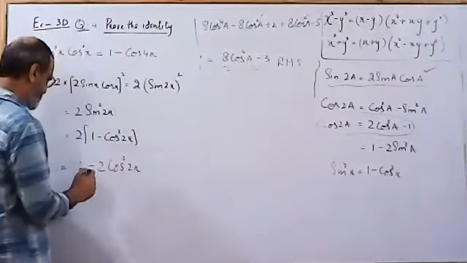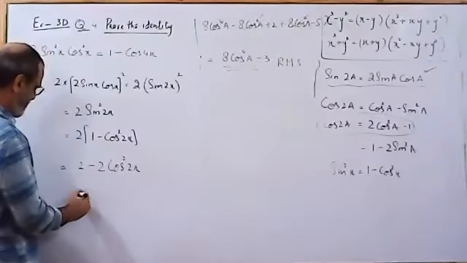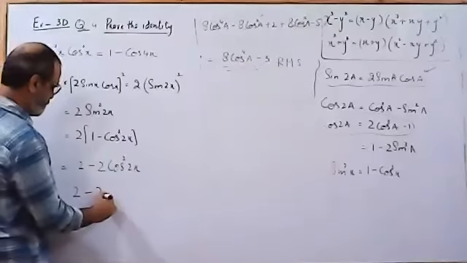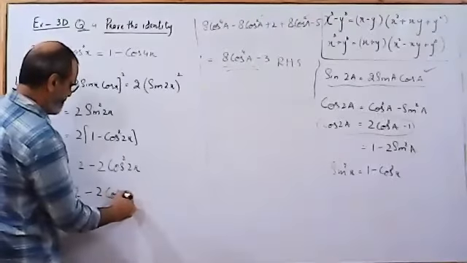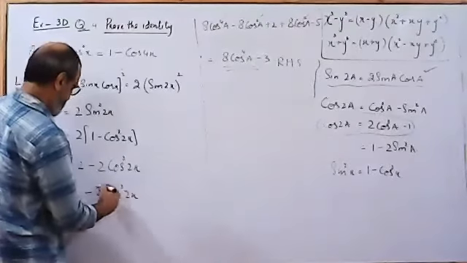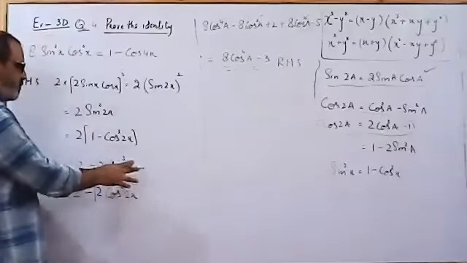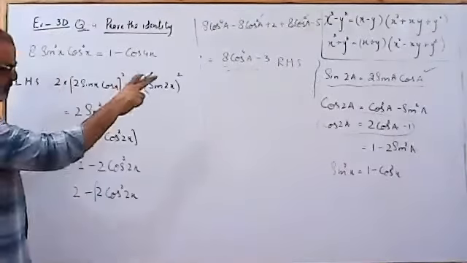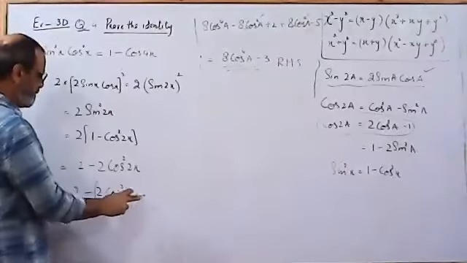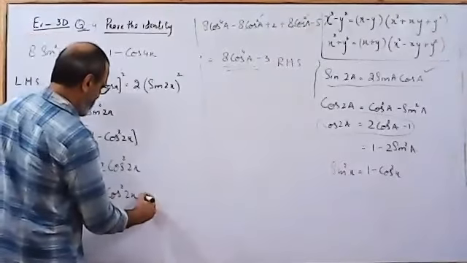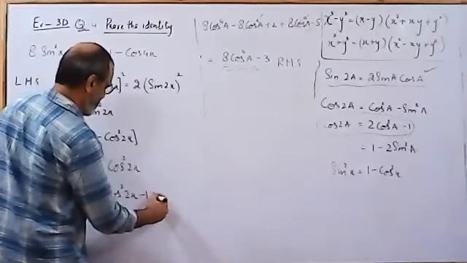So I am going to write it as 2 minus, and inside the bracket, 2 cos square 2x. I'm going to subtract 1 and add 1.